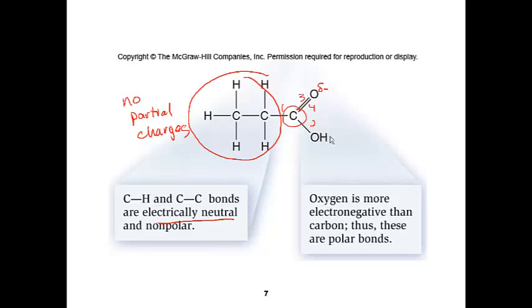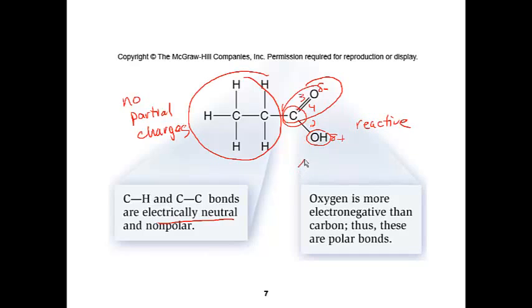The addition of an OH group creates a partially positive end. So the electronegativity differences here create a part of the molecule that is no longer electrically neutral. A part of the molecule that is polar, that is hydrophilic, which is reactive.